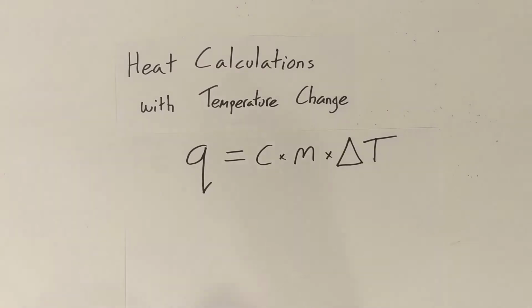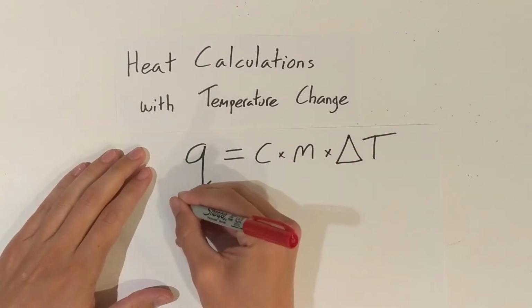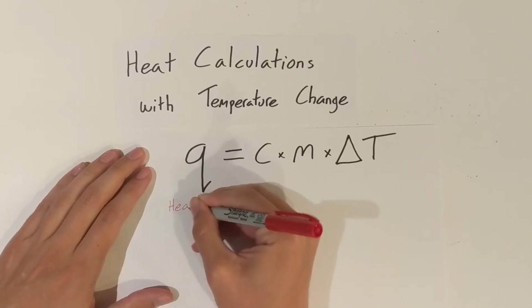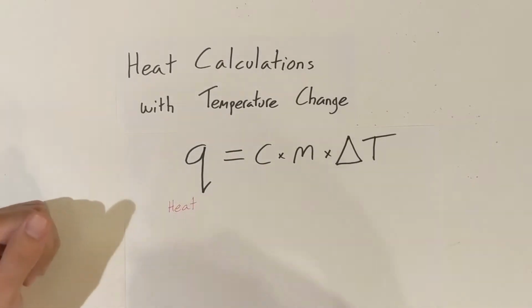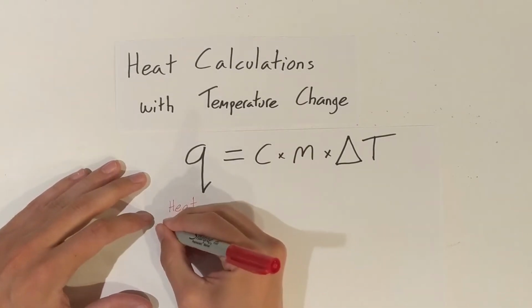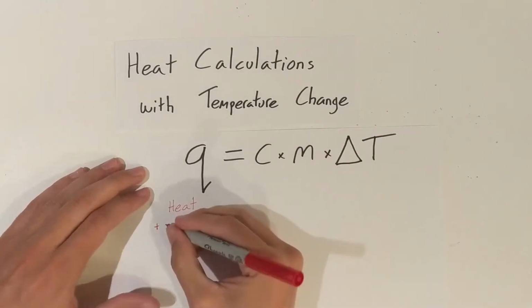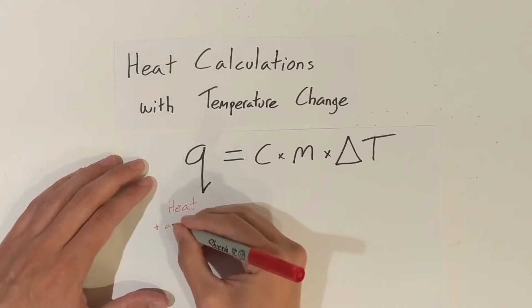So Q is our heat, and there's a couple things I want you to take note of. If it is positive, that means it's absorbing heat. It's getting warmer.